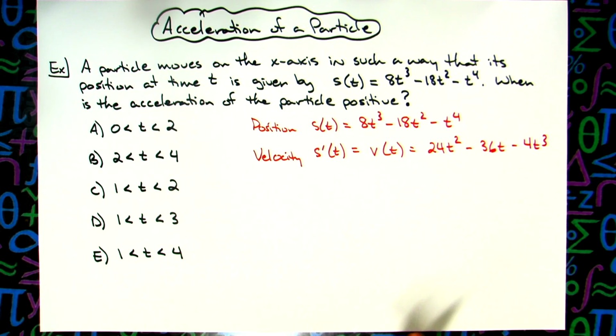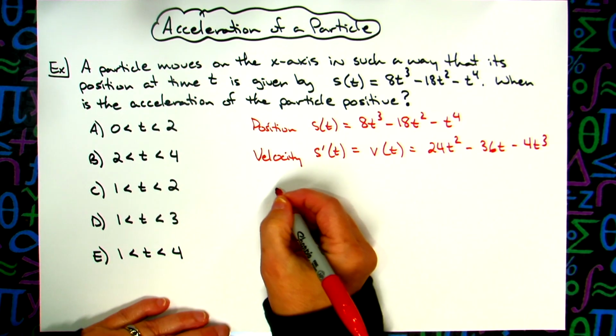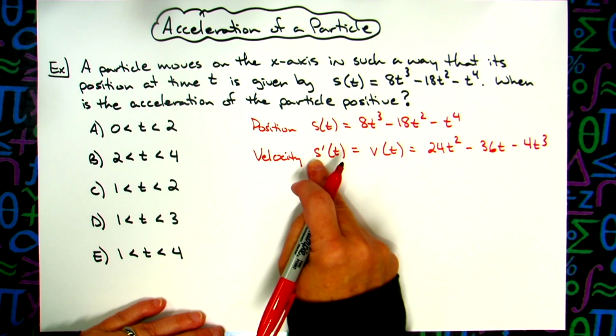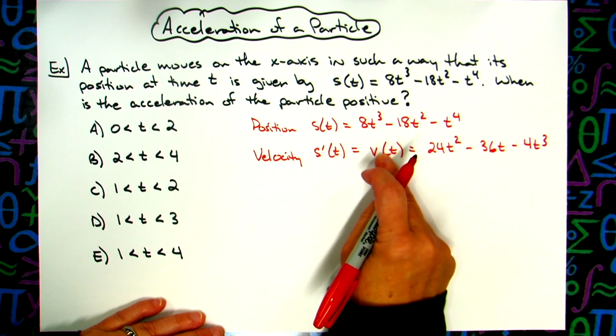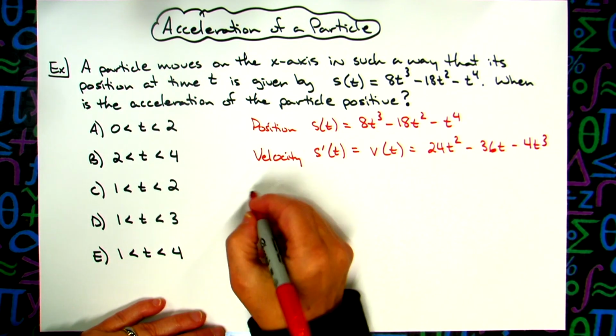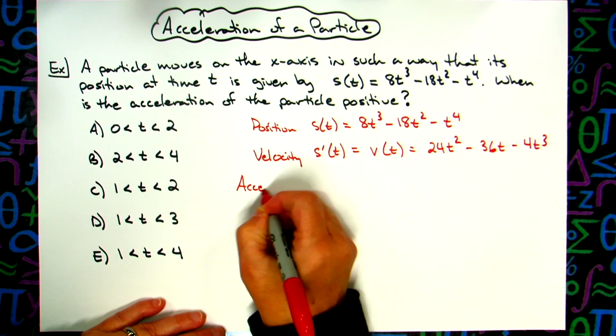All right, now the relationship between velocity and acceleration is, again, we take the derivative. We're taking the second derivative of the position function. We're taking the first derivative of the velocity function. That gives us the acceleration function. So let's label it acceleration.